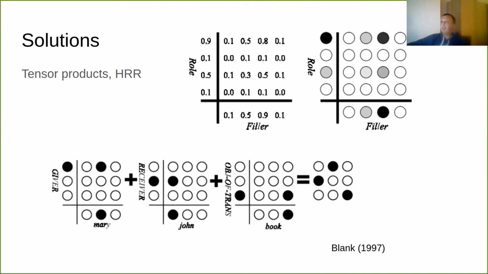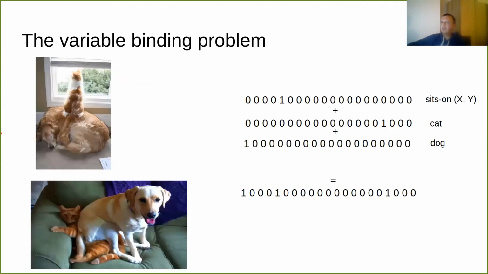If you start with two vectors representing two things that you want to bind together, for example, you want to bind a particular role to a particular filler. In this case, the role will be somebody who is sitting on, so this is the subject, and the filler will be, in the top image, the cat, and in the bottom image, the dog.